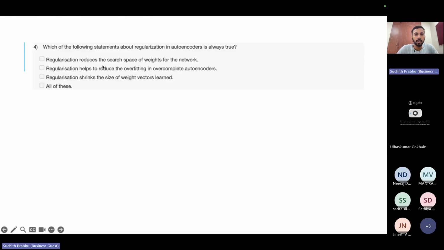Which of the following statements about regularization in autoencoder is always true? Regularization reduces the search space of weights for the network. Regularization helps to reduce the overfitting in overcomplete autoencoder. Regularization shrinks the size of weight vector learned.